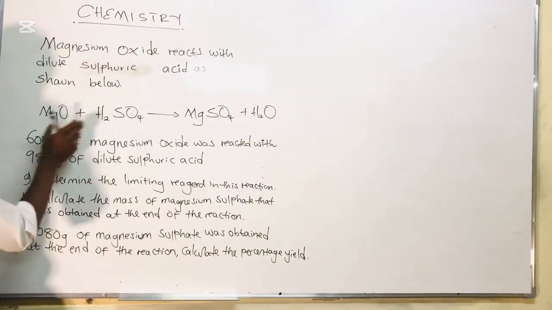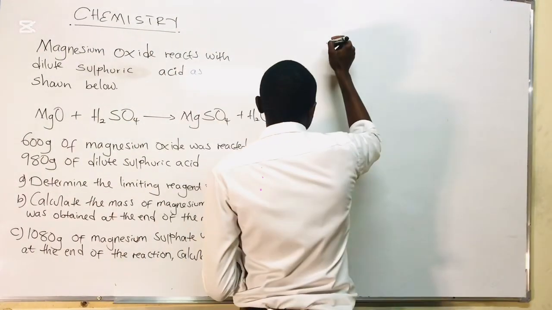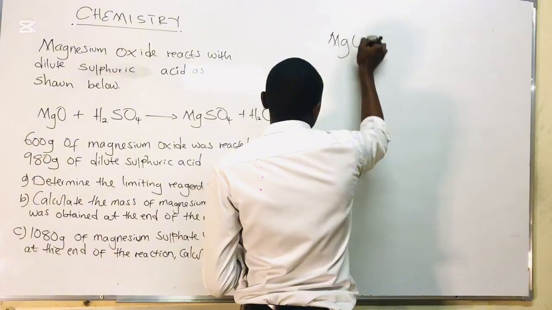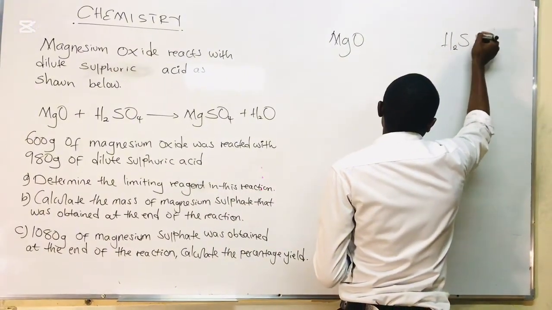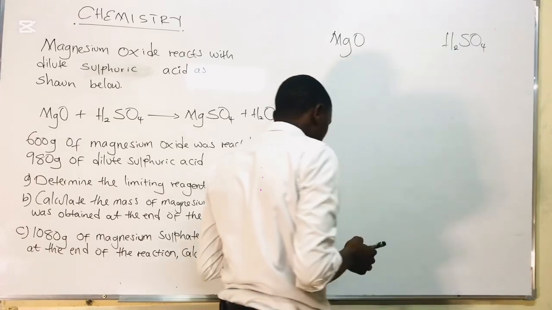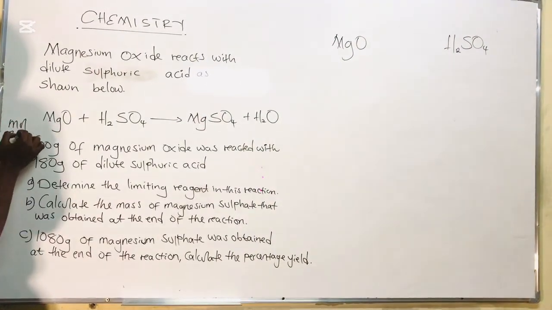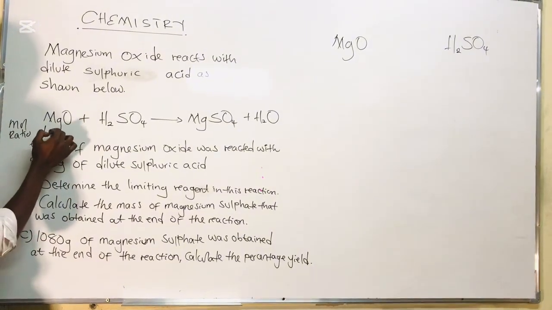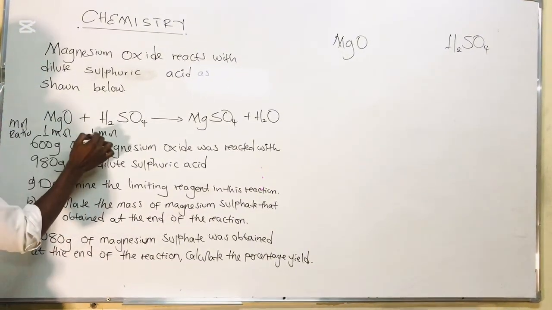It is a reactant. With the reactants that we have, magnesium oxide, MgO, we also have sulfuric acid. Now we are saying that the mole ratio is 1 to 1. Their balancing figures are 1 and 1.